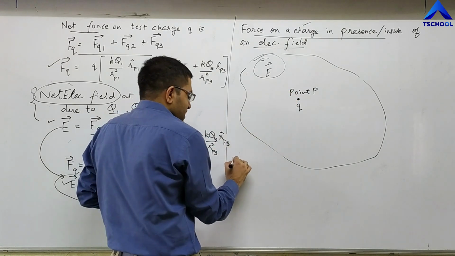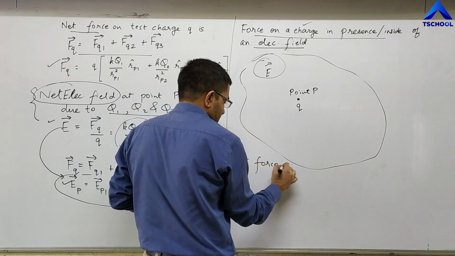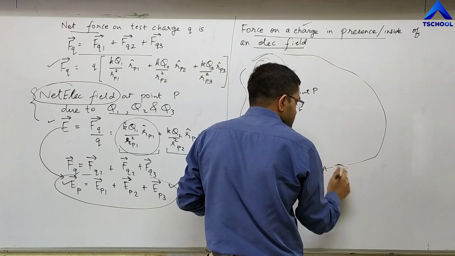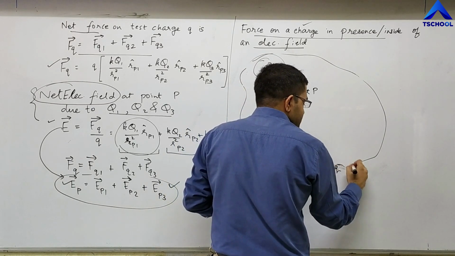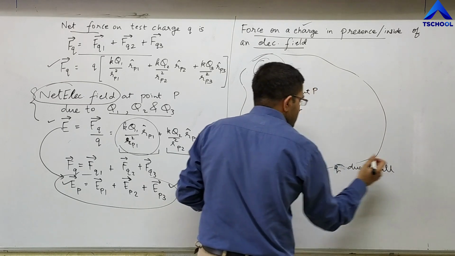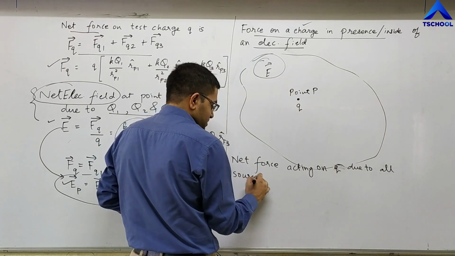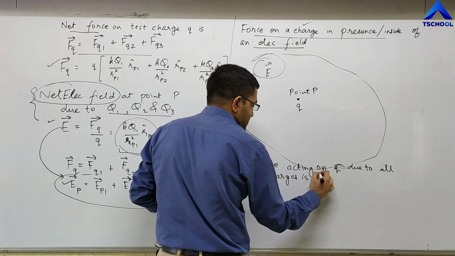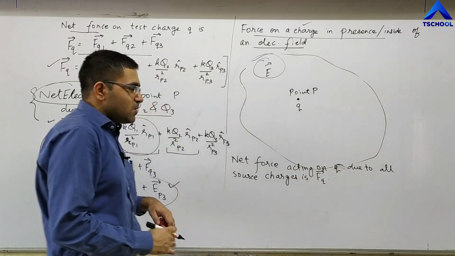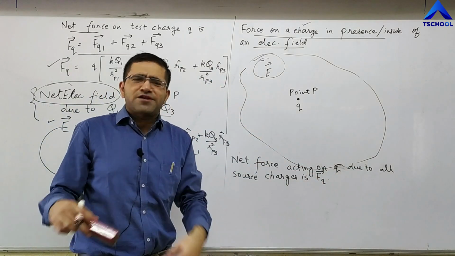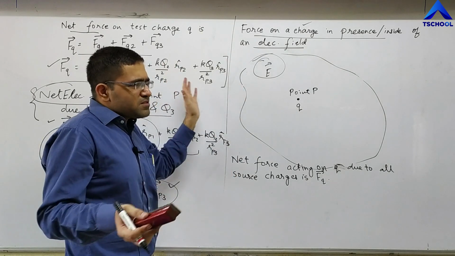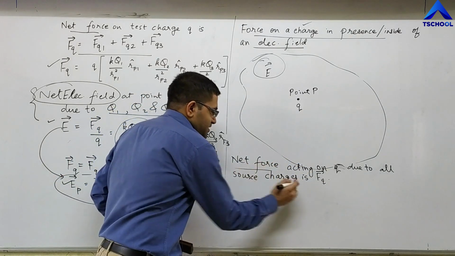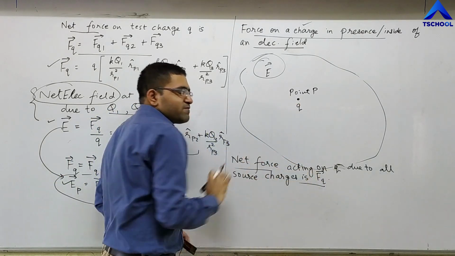So I'm saying that the net force acting on the charge small q due to all source charges is Fq vector. All the source charges. I don't know how many there are, I don't know where they are, but they are somewhere in the space. All those charges together are applying a net force on this charge q, and that is Fq vector.